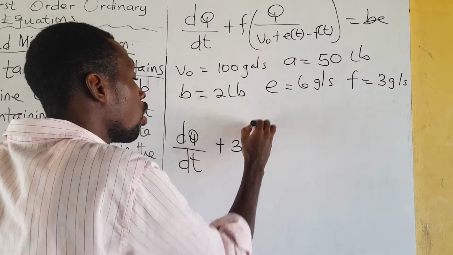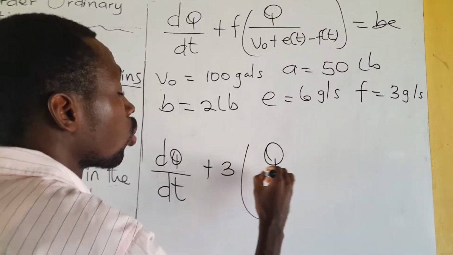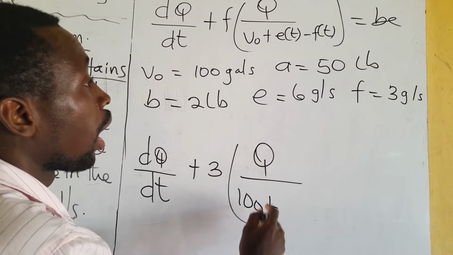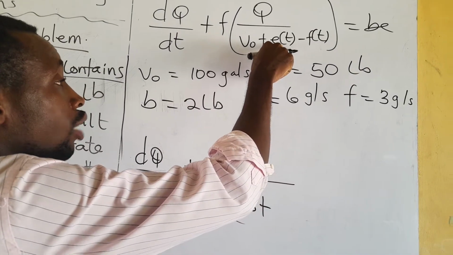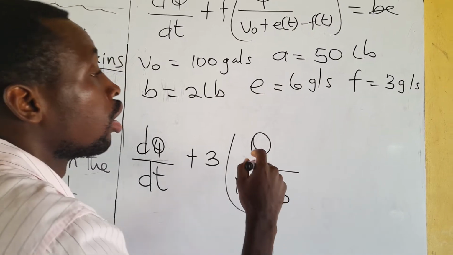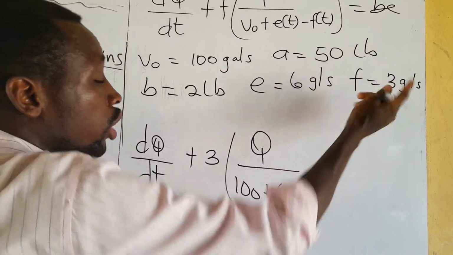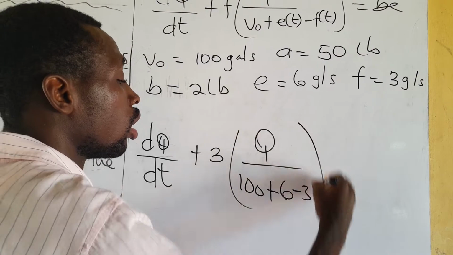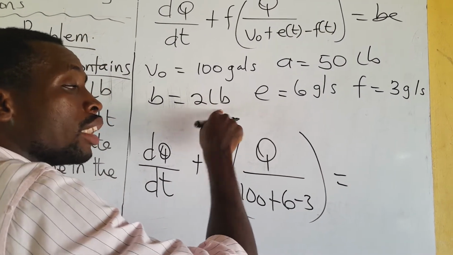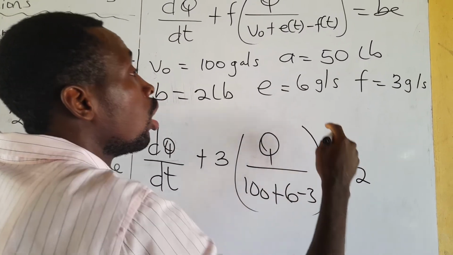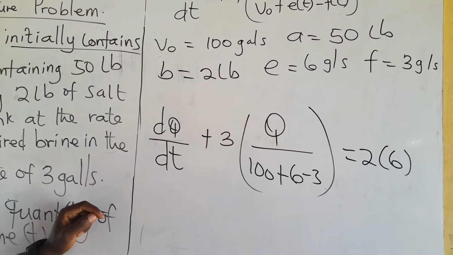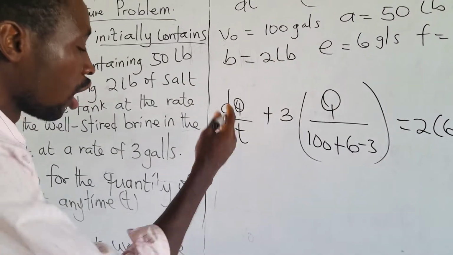So 3 bracket the quantity of salt, over V naught 100 plus the rate at which it enters, that's 6, minus the rate at which it's leaving, which is 3, minus 3, and it's equal to B, the quantity that enters, 2, times the rate at which it enters, 6. I hope you get that. We just substitute. Now let's solve this.